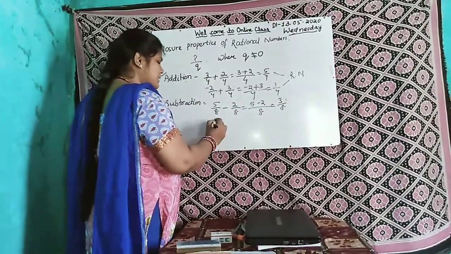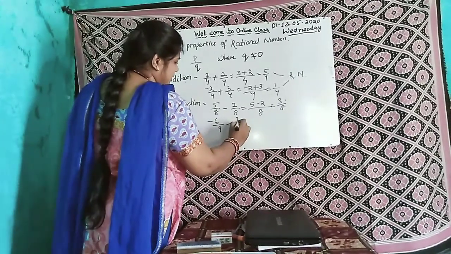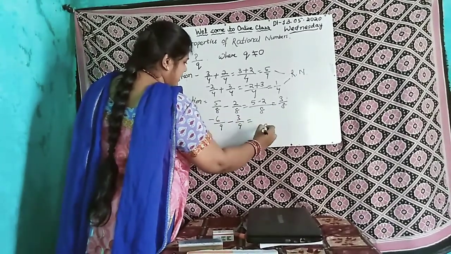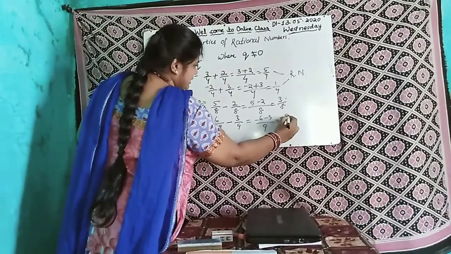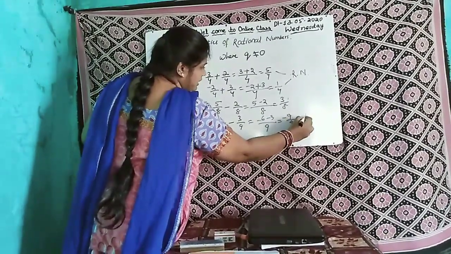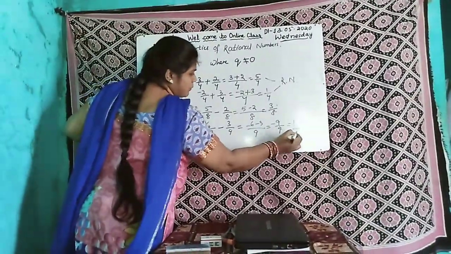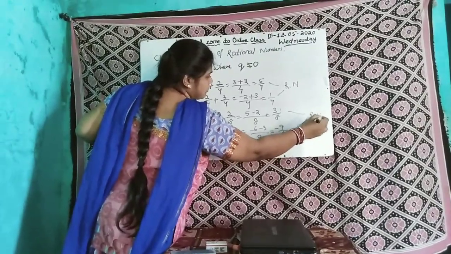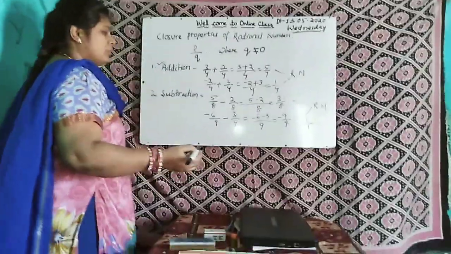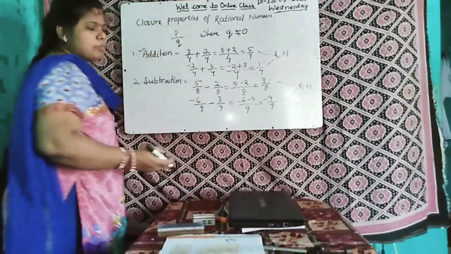Suppose minus 6 by 9 minus 3 by 9, same thing: minus 6 minus 3 is minus 9, so minus 9 by 9 is minus 1, also a rational number because it is minus 1 by 1.